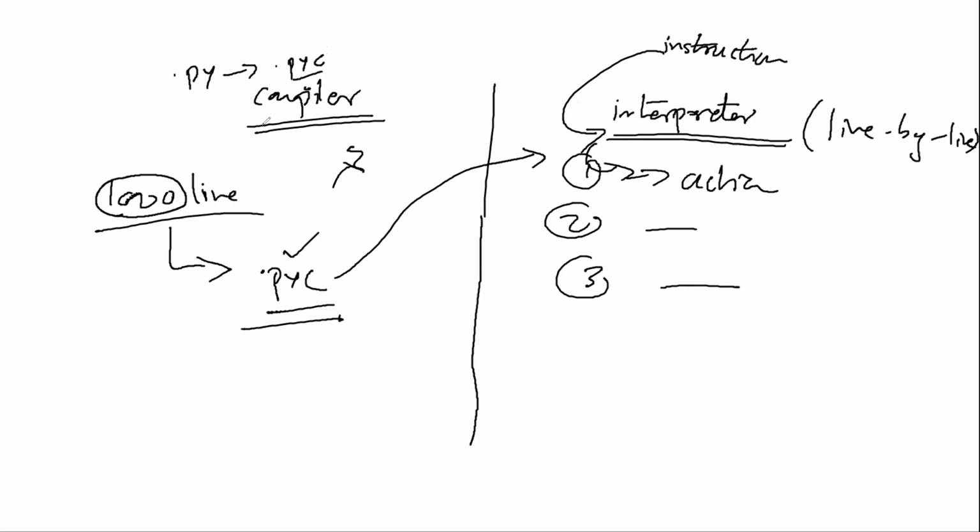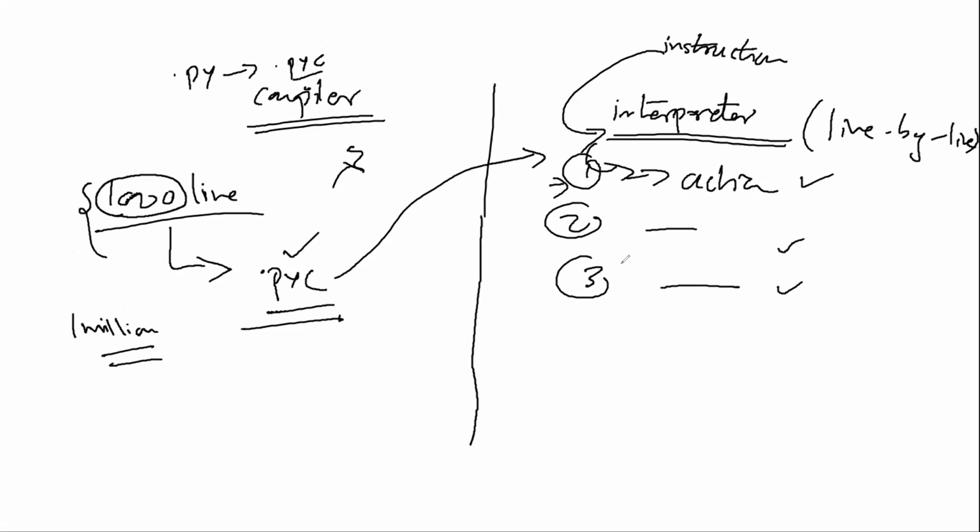So people normally say that a compiler based language is faster because it runs everything at once, right? But if I have, for example, 1 million lines of code, then what will happen? The first instruction is still not done. In that case, the interpreter based language is good, right? At least it starts taking the actions from the first place.